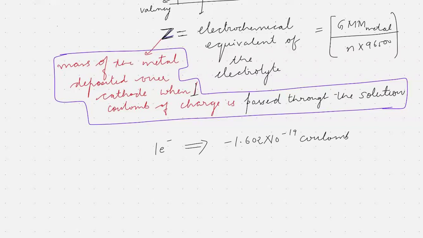So 1.602 into 10 raised to power minus 19 coulomb contributes to one electron only.